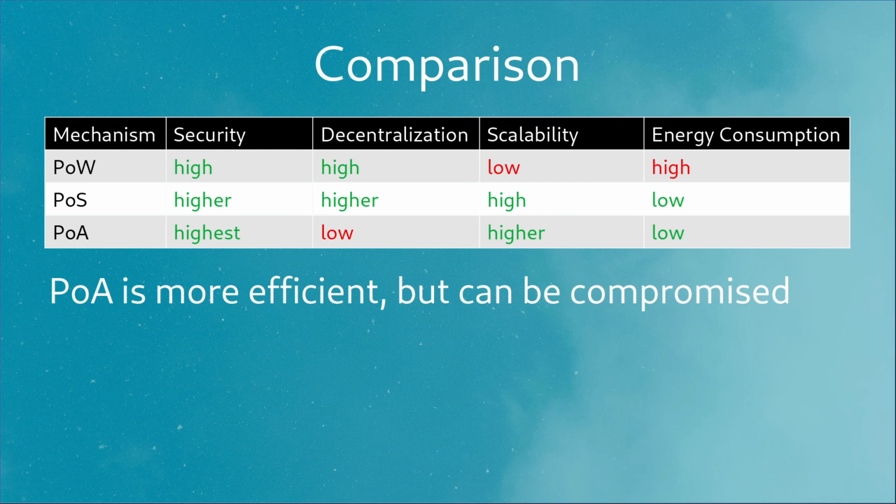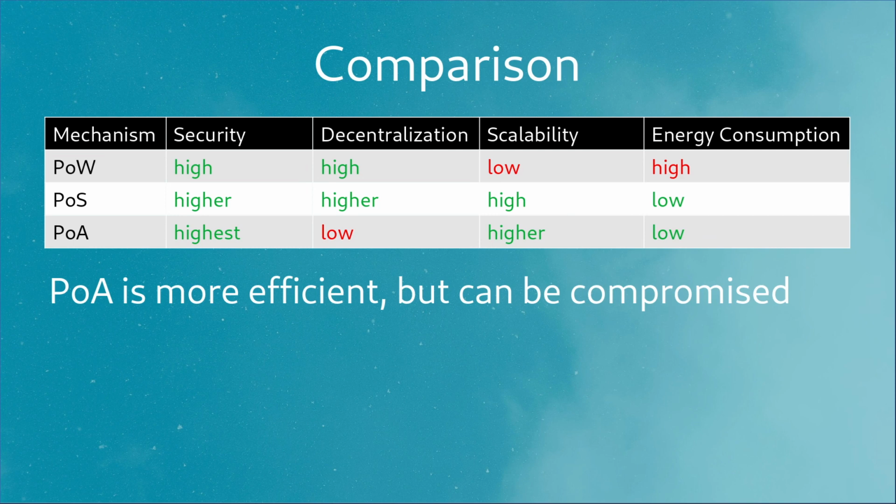And in proof of authority, the security is the highest because all the validators are known, and if most of them want to be reliable, they will stay reliable. It's hard to make them do bad things because they will be held responsible otherwise.